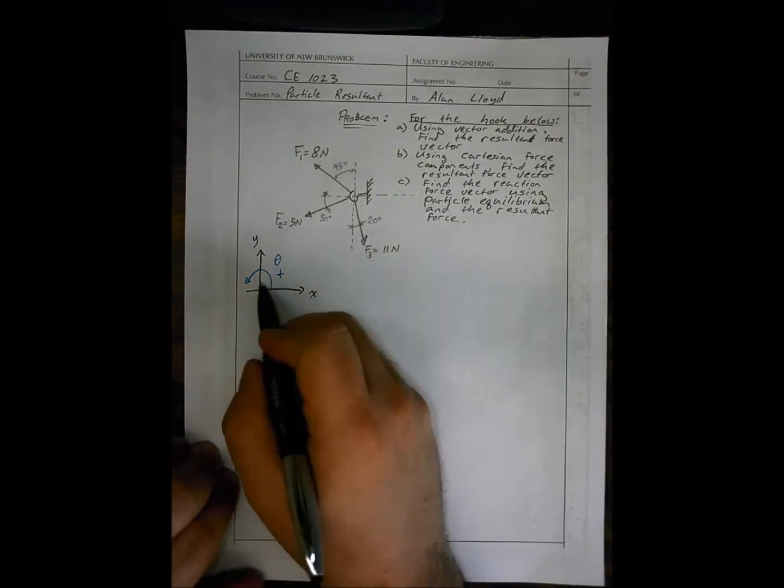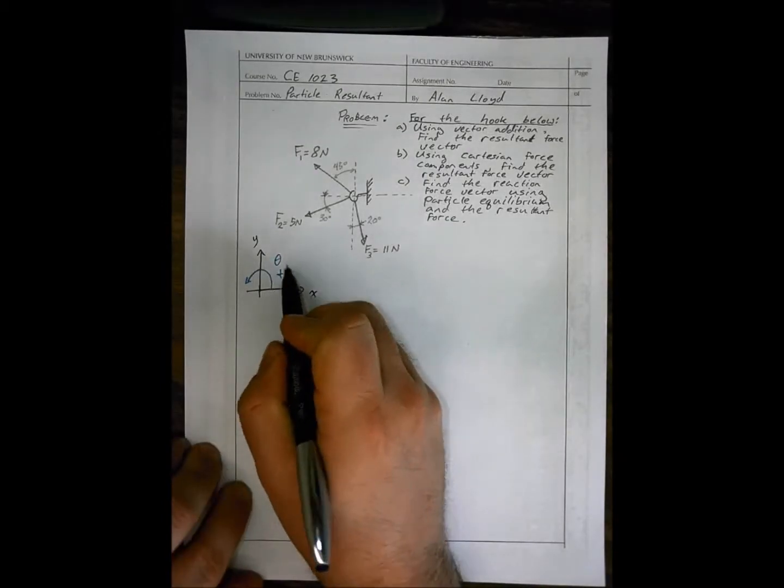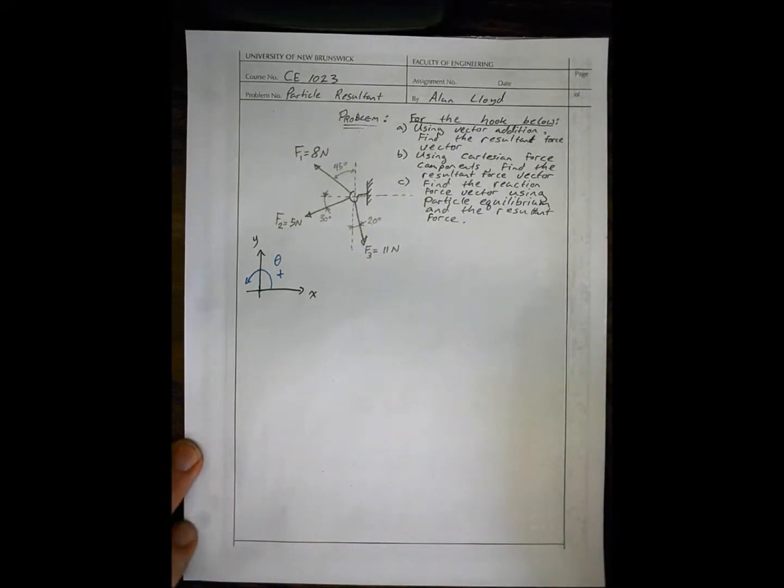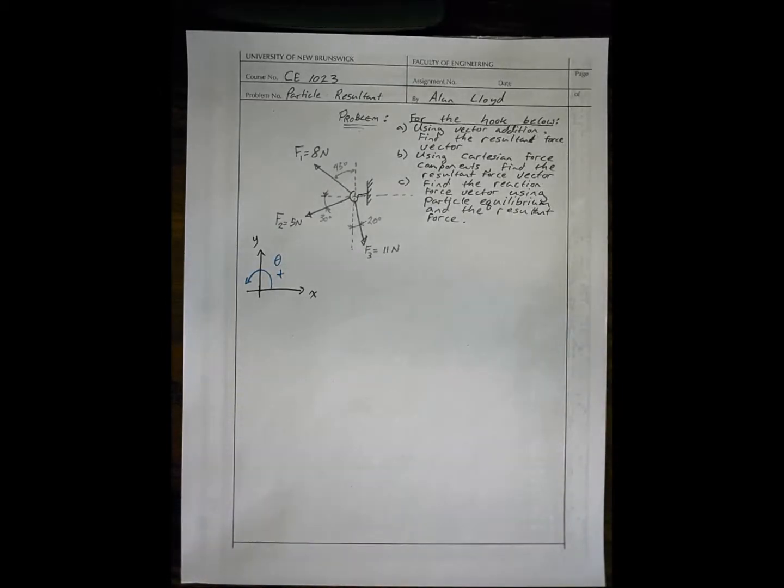X goes to the right, Y goes up, and theta rotates counterclockwise beginning at the x-axis. If we use this coordinate system during our calculations of our force components and follow the sign convention laid out there, everything will work out for us in terms of additive properties.